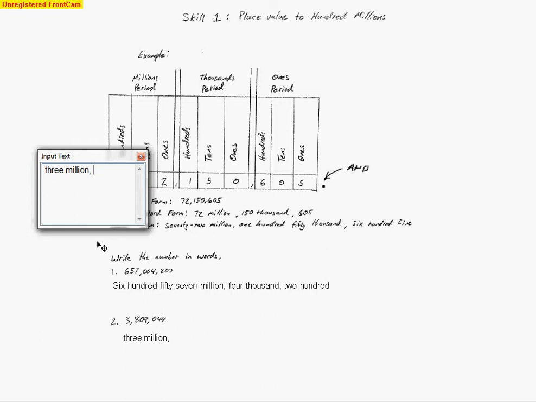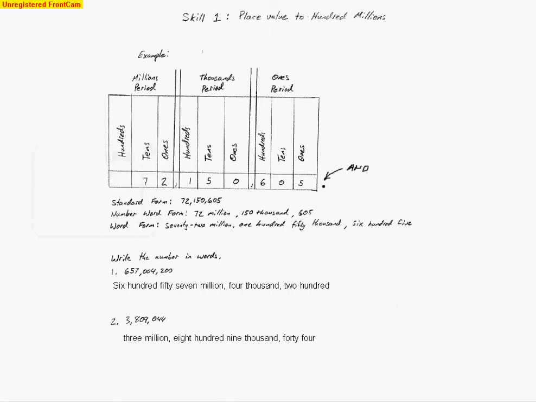The next number is in the thousands. Notice 809. So we're just going to write out that number in words, 809, and then thousand. You always write down the number that you see and then the period that we have. Then our last comma, and now we're in the ones place, so just 44. So that's what we'll write, 44. And that's it.